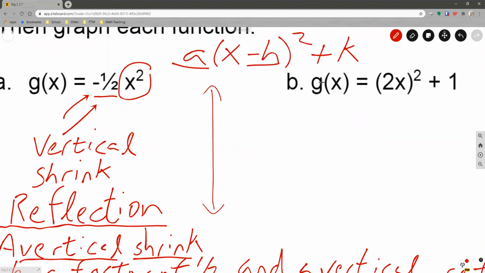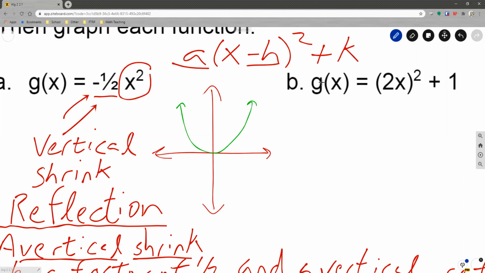there's entirely too much red on this, so let's go green. If I were to graph that, it would be reflected. So my original graph would look something like this. The reflection would flip it, and the 1/2 would make it wider or shorter. So it would look something like that.